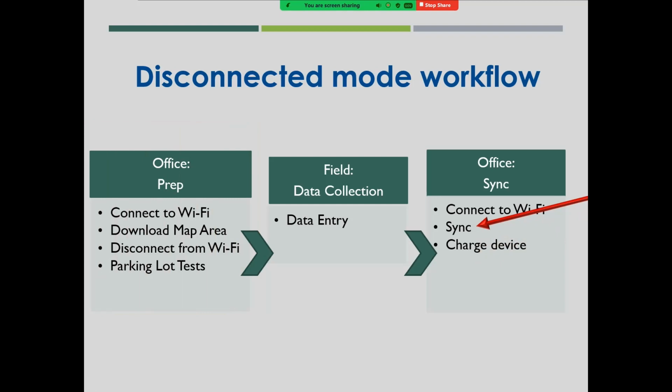A daily data sync both pushes out your collected data and pulls in data that's been collected in that map area. So it keeps your map up to date. It makes connection back with that enterprise portal and just keeps that workflow in and out happening really well. So pay attention to this disconnected mode workflow. It's really important.